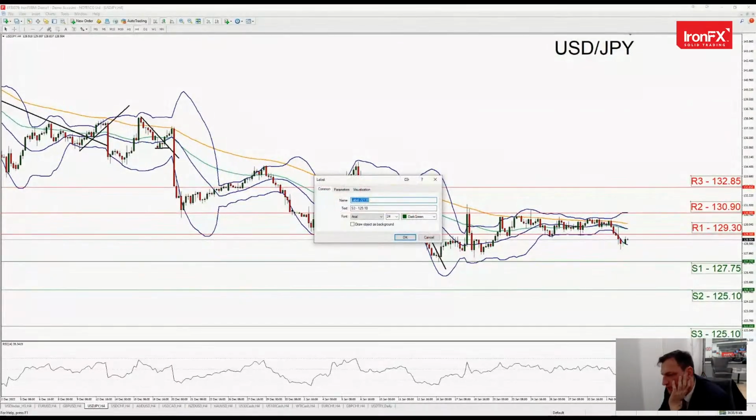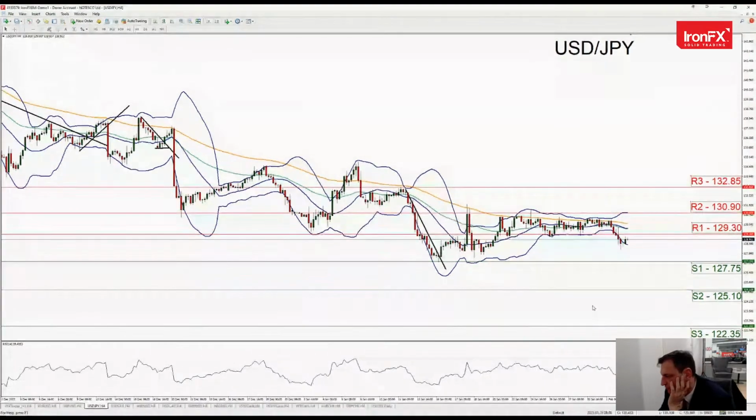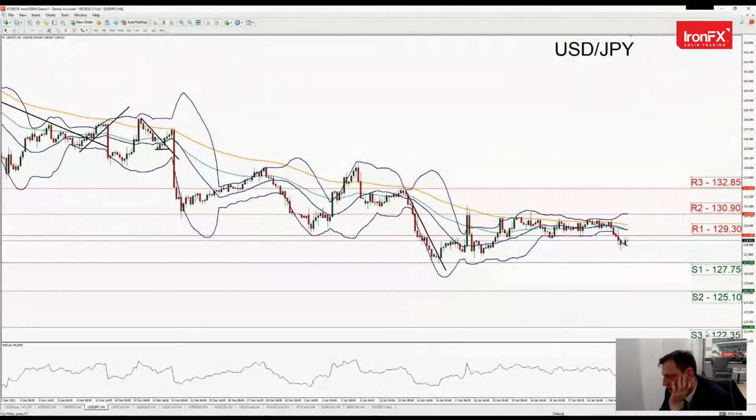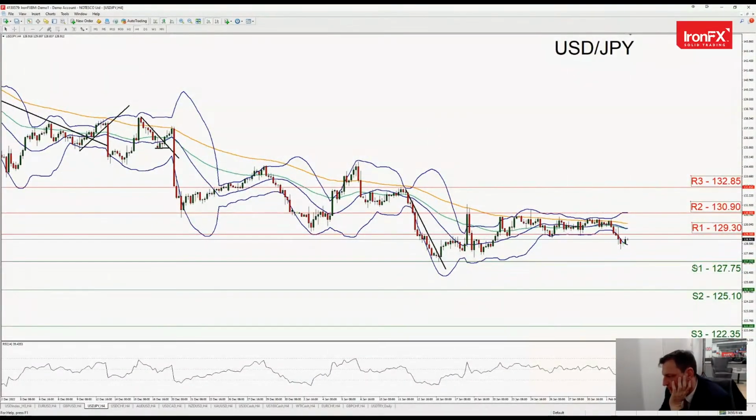And the last support line being placed now at 122.35 as mentioned before. It's a little bit off, I know it, but I'm keeping it.